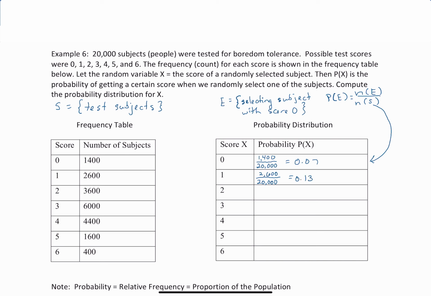For X equals 2, we're going to take 3,600, divide by 20,000, and we get 0.18. And then going on down the line, we'll have 6,000 divided by 20,000.